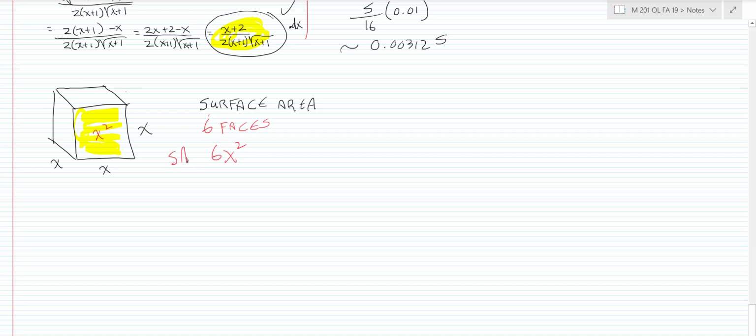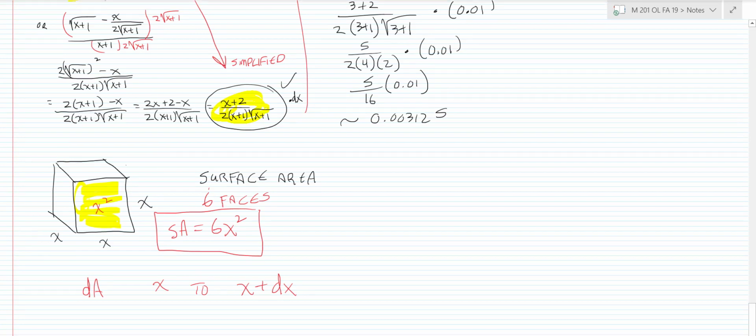That's the surface area formula for a cube with side x. And what you're doing on this is the differential. The problem I wanted to go over in the homework was to find dA, the differential for the surface area from x to x plus dx.